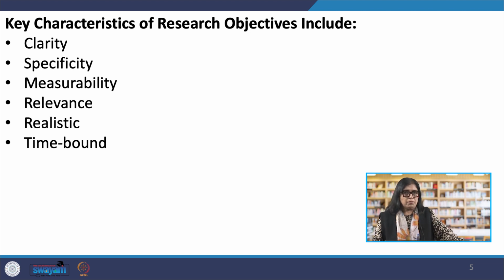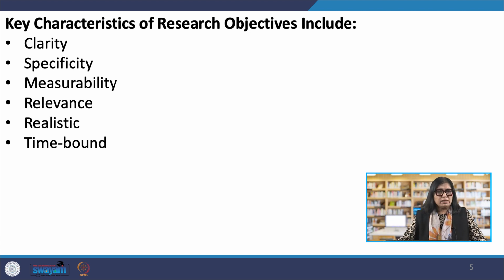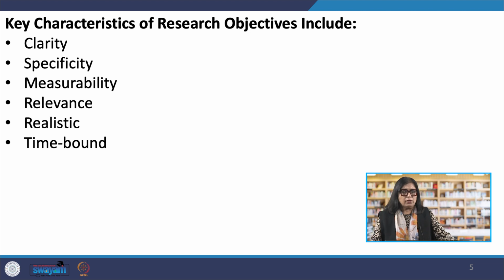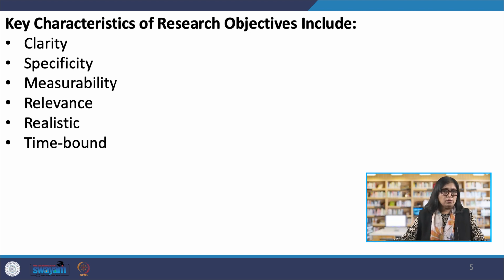They should address important aspects of the subject matter. Realistic: objectives should be attainable within the constraints of the study, including time, resources and feasibility. Time bound: research objectives may have associated timelines or deadlines to indicate when the research aims should be accomplished.